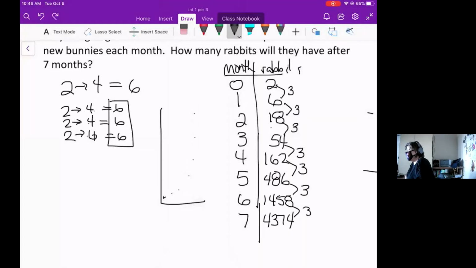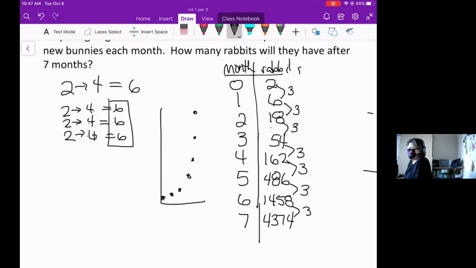Also, I'm going to swipe this back. We talked about something called discrete and continuous. So there was a lot of information yesterday. Discrete variables are things where you do not connect the dots on a graph. Things like that are items, like people, rabbits.